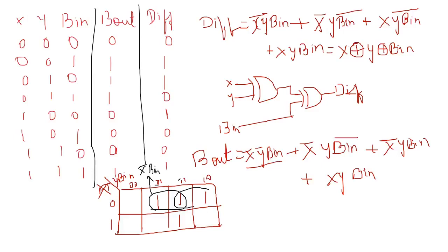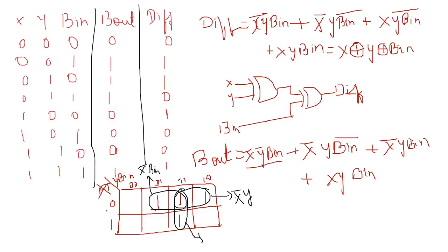Then for this grouping, we'll be getting X bar, and we can notice here Y value has remained constant, it is 1, and B in value has changed from 1 to 0, so the term will be X bar Y. Then let me group this.